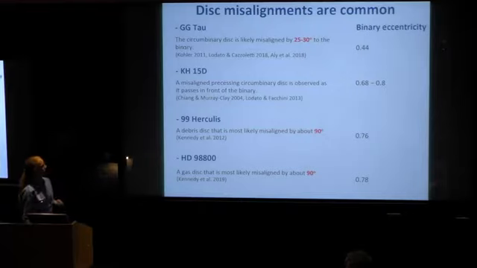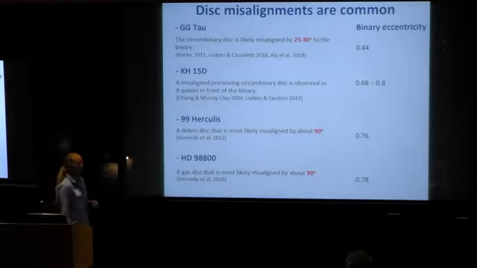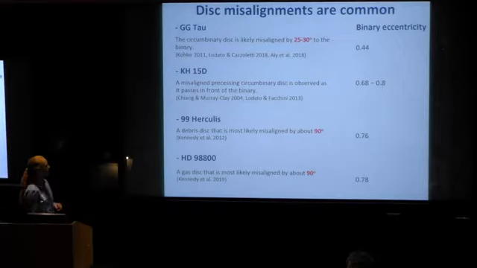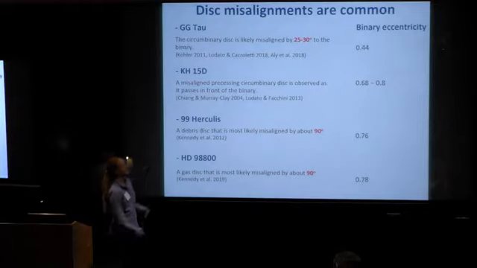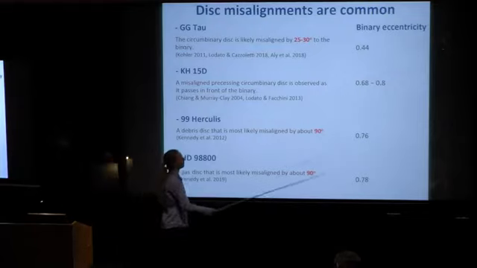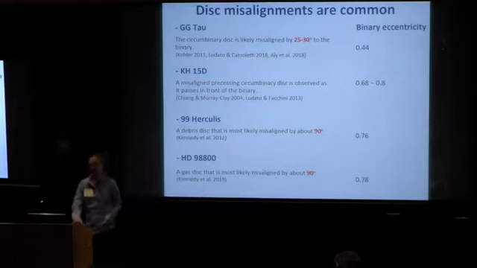So we know that the disk must be misaligned. 99 Hercules is actually a debris disk. It's misaligned by 90 degrees to the binary orbital plane. And HD 98800, recently found, is a gas disk that's misaligned by 90 degrees. And just to point out that the eccentricities of all the binaries in these cases are significant.